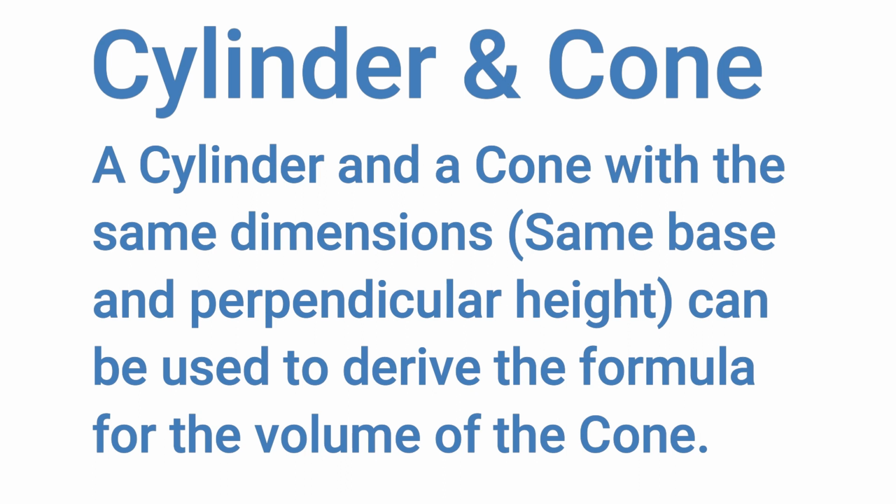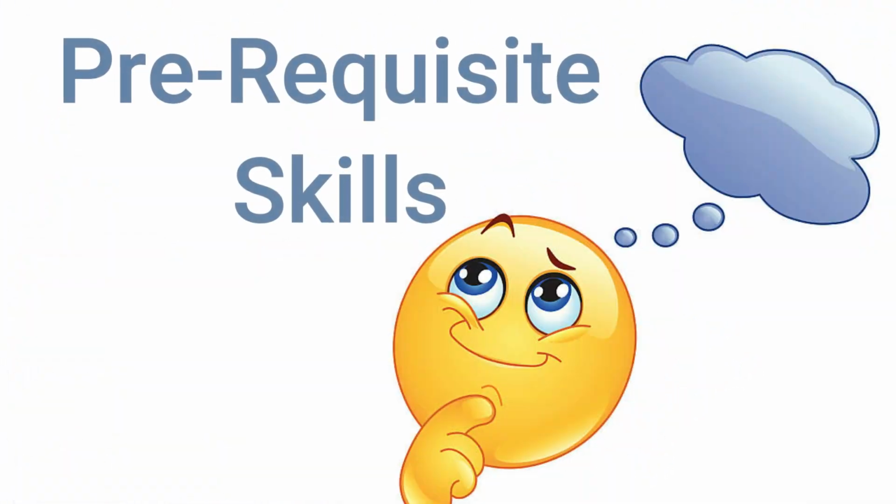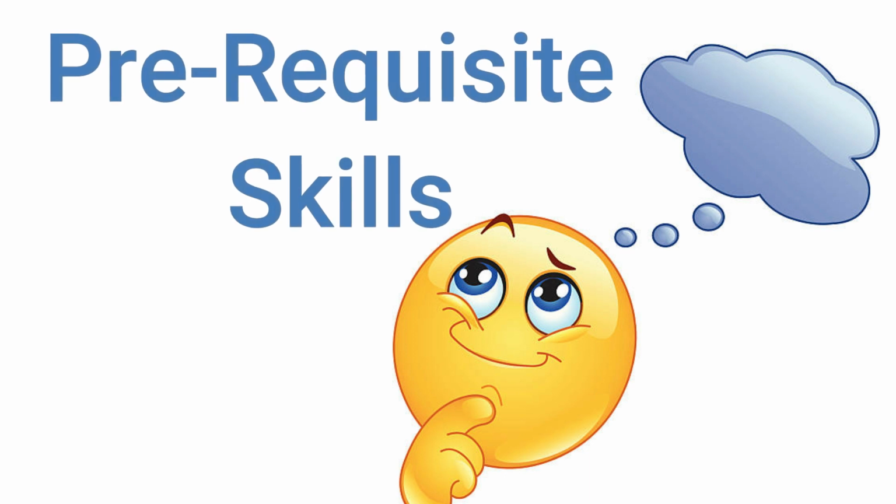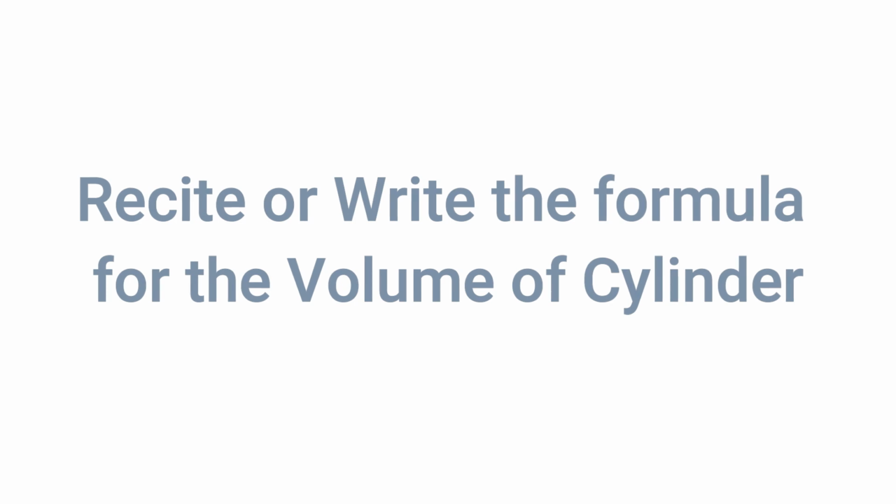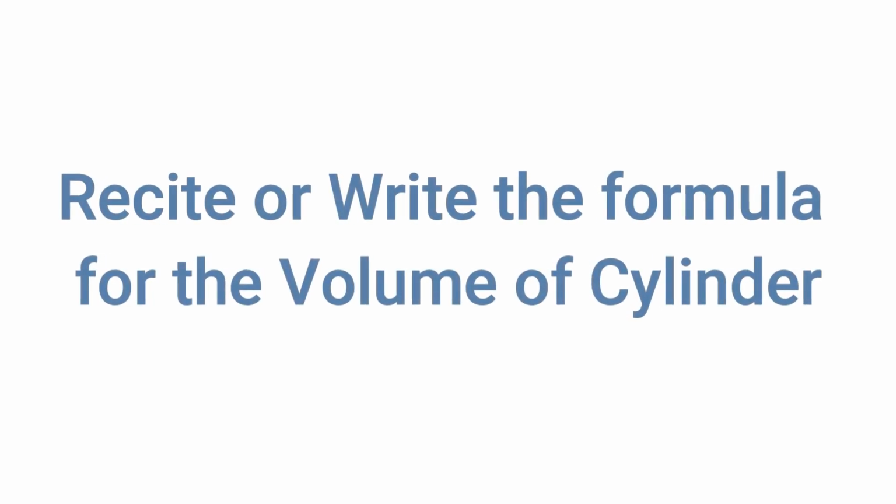Right, so first thing first, of course, just like any activity, we want to ensure that our students have the prerequisite skills required to be successful at making appropriate conclusions throughout the activity. One of these essential prerequisite skills is that students should be able to recite the formula of the volume of a cylinder.